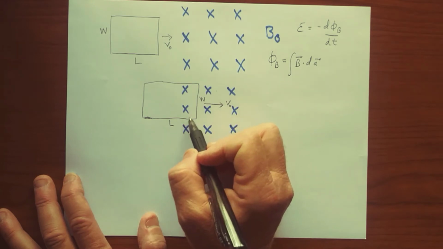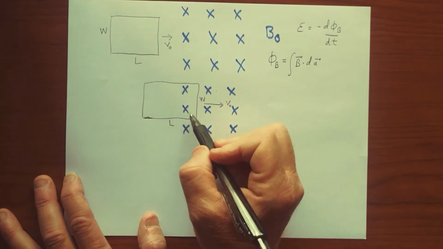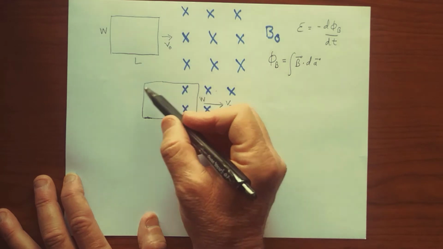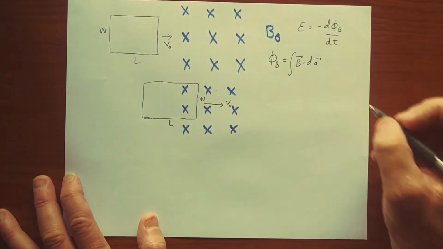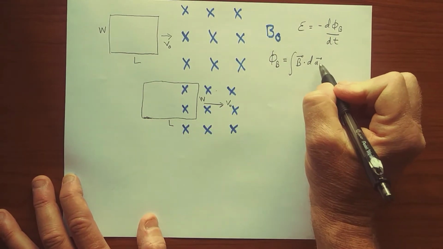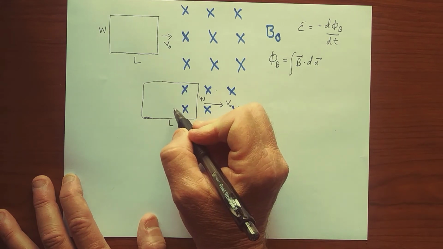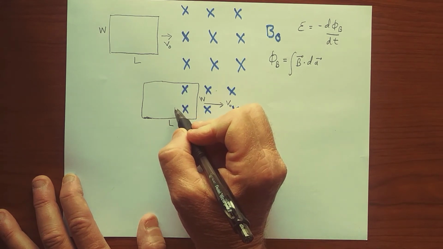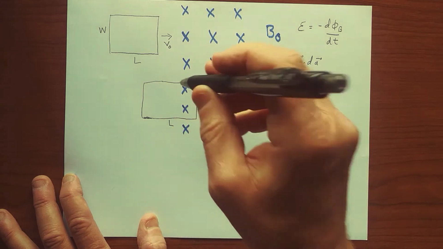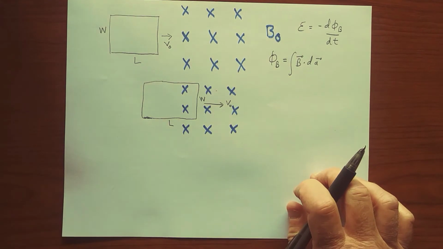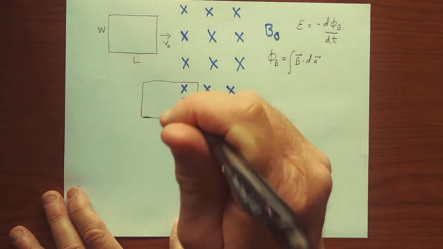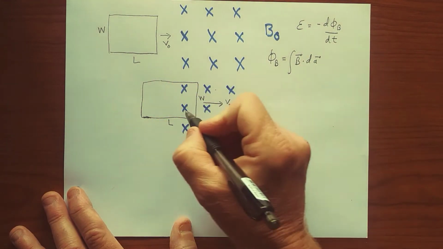So at t greater than 0, we have an increase in the flux through this area. Let's just say the normal to the surface is inward, into the page, aligned with the magnetic field.